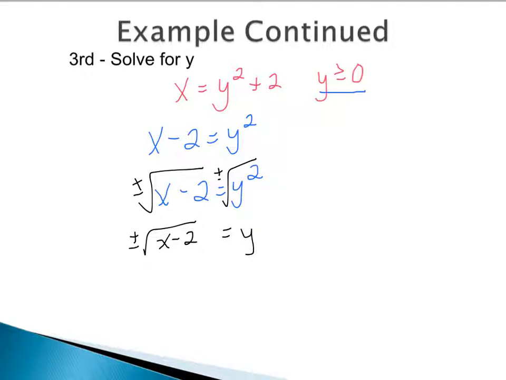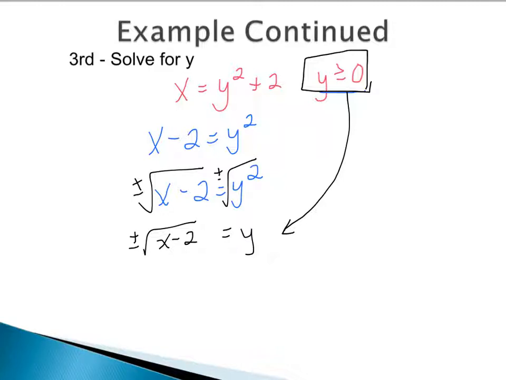Now that step is important with the plus or the minus, and then this is where that domain restriction comes into play, is because in order for this inverse to work and to be the true inverse of that domain restricted original f of x function, we only want the part that satisfies this restriction for our inverse function. So we only want the y's that are greater than or equal to 0.